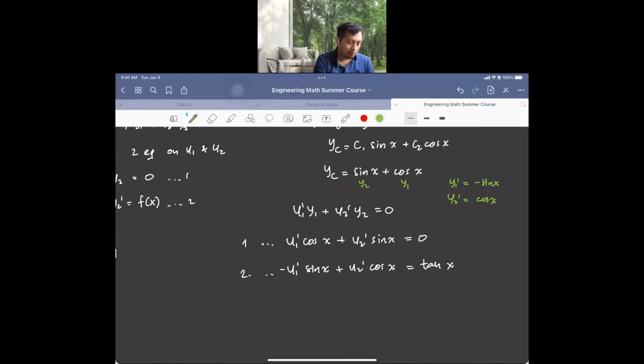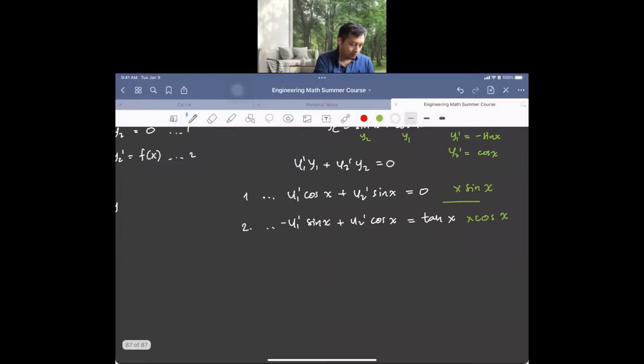Now to simplify it, we can multiply this with sine, and then multiply this with cosine, to remove the sine over cos so it becomes just sine.